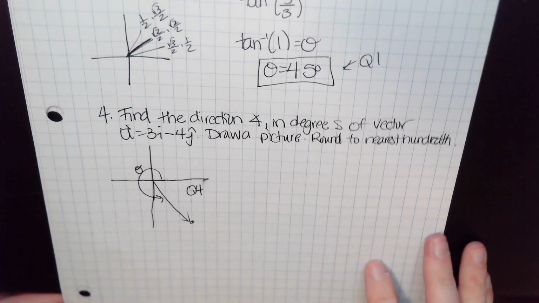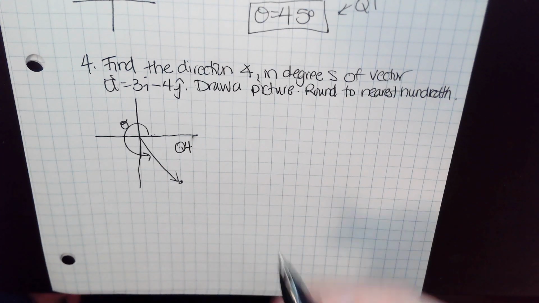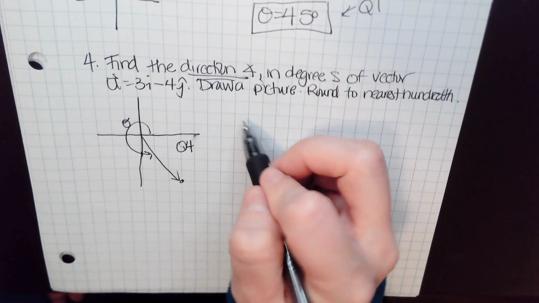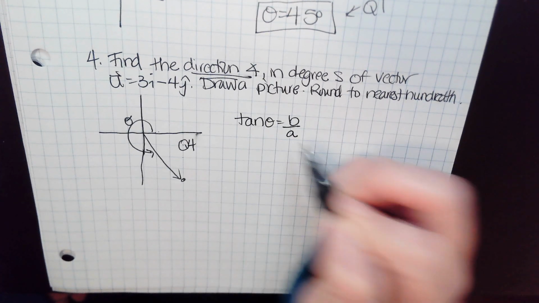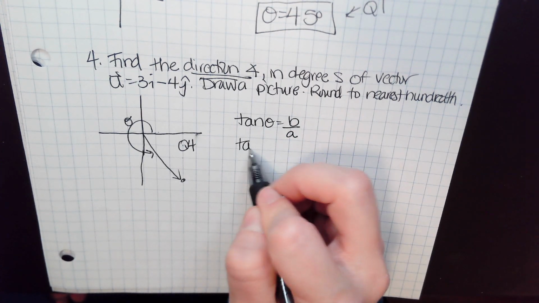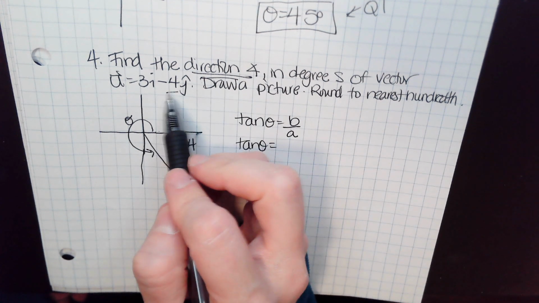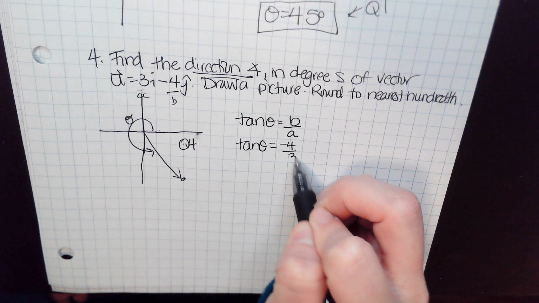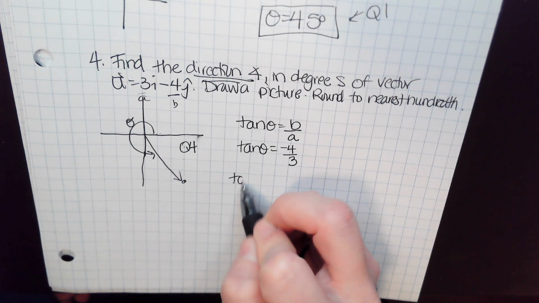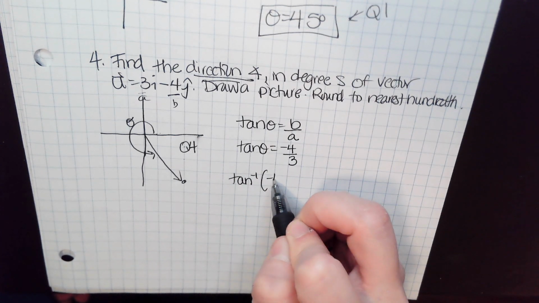All right, so first though, we're going to need to find our reference angle. So first of all, we're asked for the direction angle. So we should be thinking formula is tan theta equals b over a. So I'm going to do tan theta equals, my b is negative 4, and my a is 3, so negative 4 over 3. And to find a missing angle, I do inverse tan.